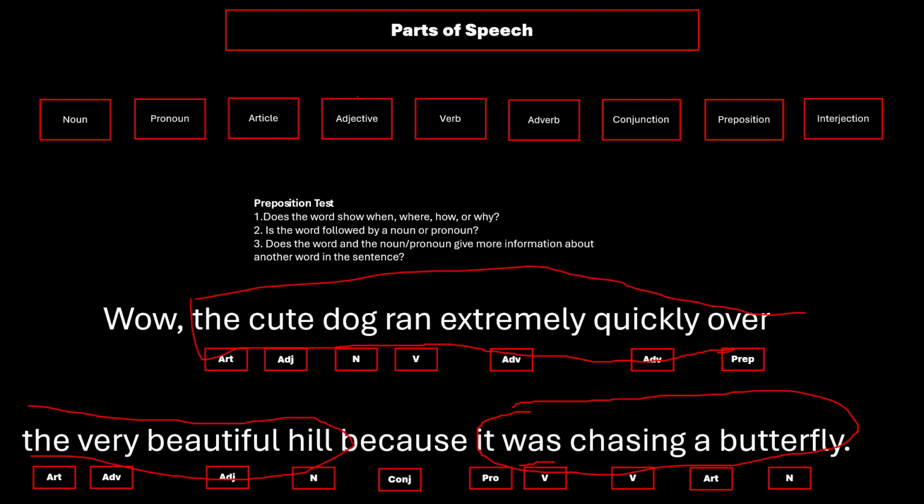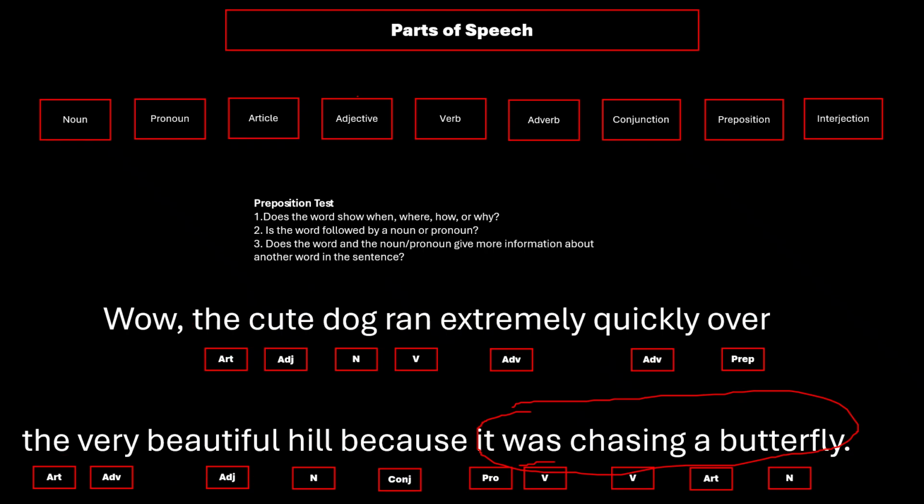So if it connects clauses with equal importance, that's a conjunction. Is that clear? Hopefully. Then the easiest one, interjection, would be wow, showing emotion in this sense. If you have a question, let me know.